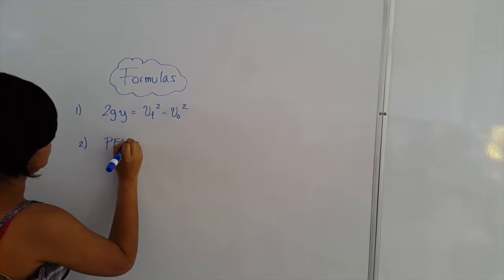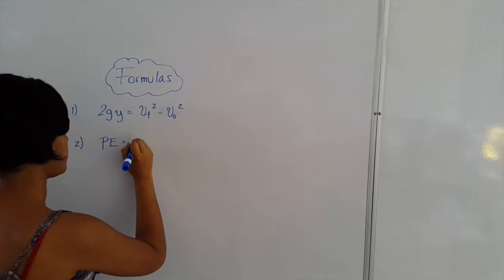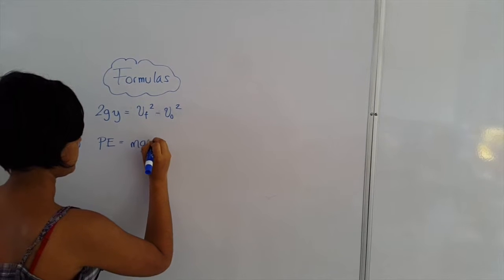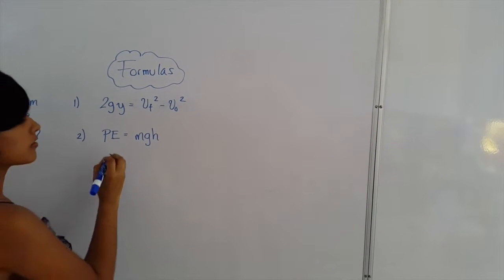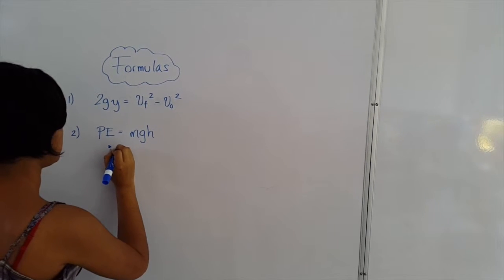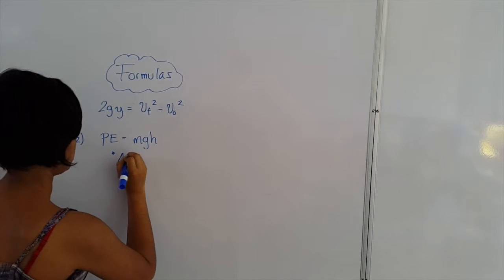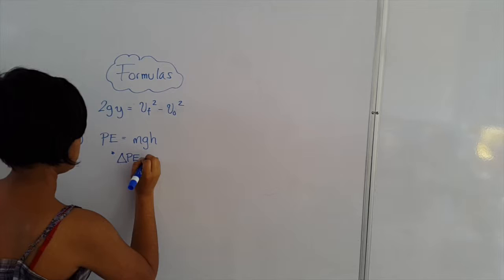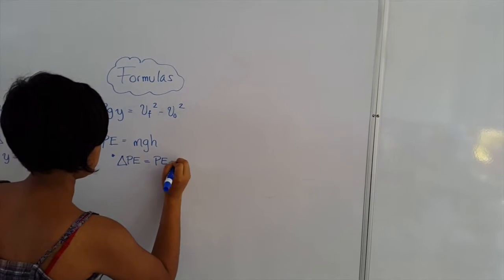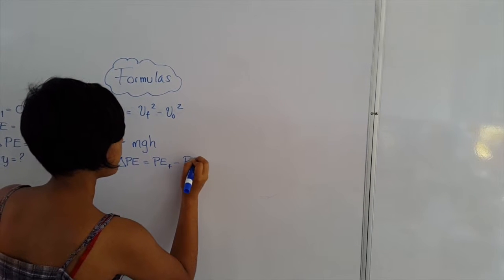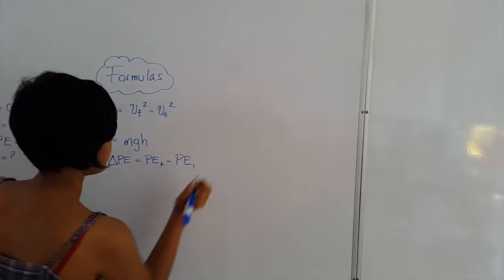The second formula is to find the potential energy: potential energy equals mass times gravity times height. And to find the change in potential energy, we will use the formula: the difference in potential energy equals final potential energy minus initial potential energy.